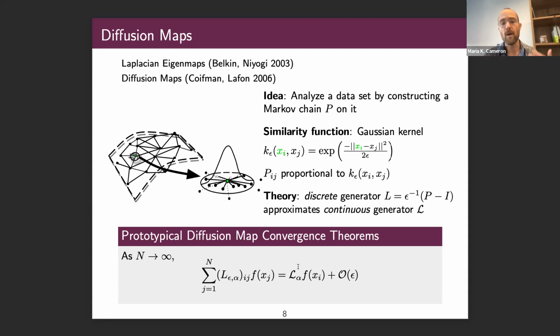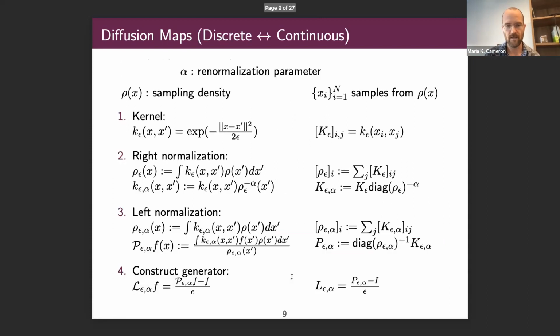It's sort of like you're imposing some sort of dynamics in the data set, and depending on how you construct this kernel and do other steps, you can get the operator you'd want for the data set. The back and forth for this on the right-hand side is what it would look like if you coded this: you had your samples, you made your kernel matrix, and there's 2 steps you do. You create a vector of row sums, and you multiply this diagonal matrix on the right for your kernel.